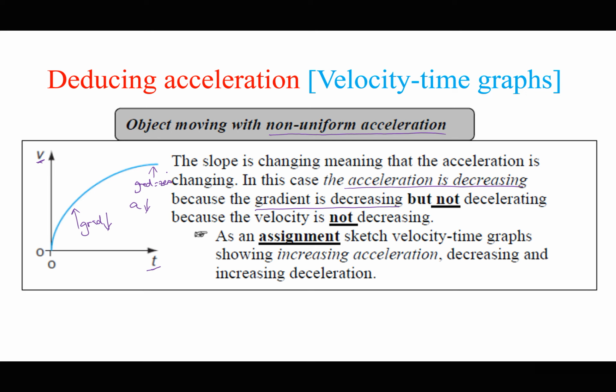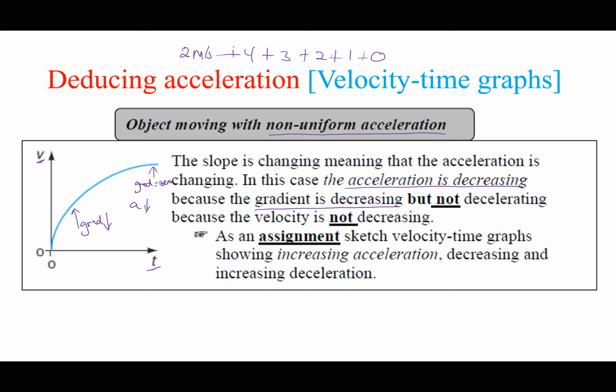For example, the body starts at, let's say, 2 meters per second. Then it increases the speed by 4, maybe it increases the speed by 3, increases the speed by 2, increases the speed by 1, and finally it does not increase the speed anymore.